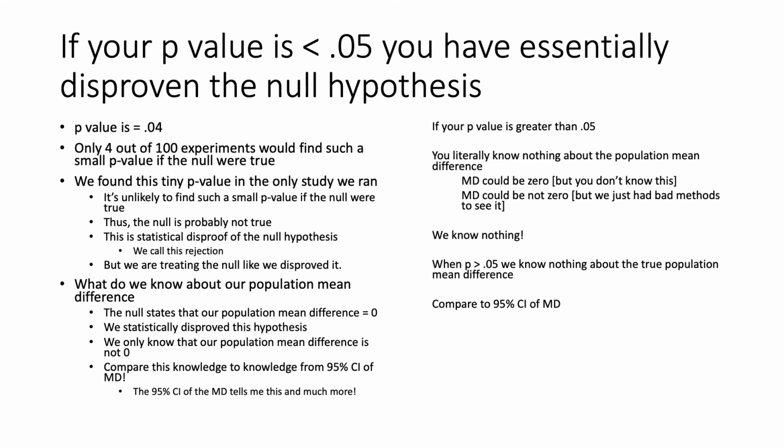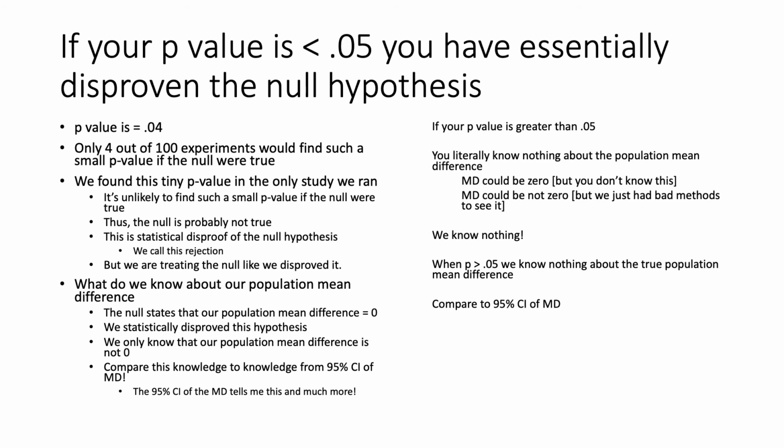So in this one experiment, we found this tiny p-value, and we only ran one study. And it's unlikely to find such a small p-value if the null were true. It's very, very unlikely. It's so unlikely that we are basically saying that the null is not true. We're saying we have statistically disproven the null hypothesis. And what does that mean?